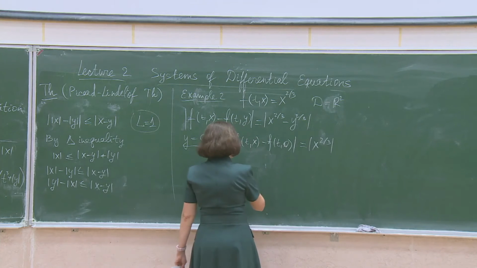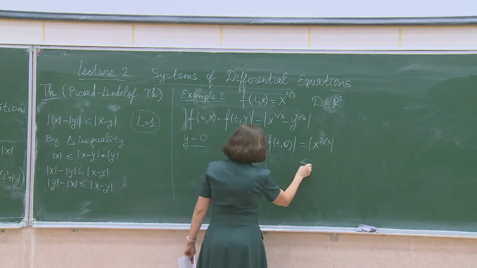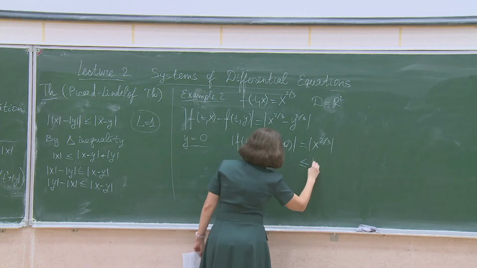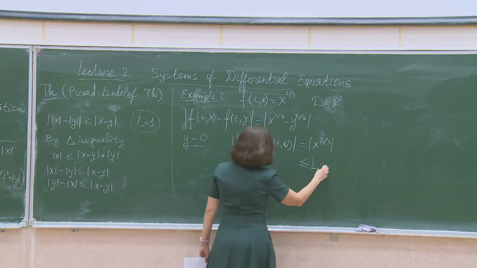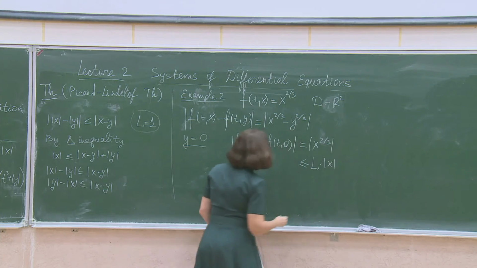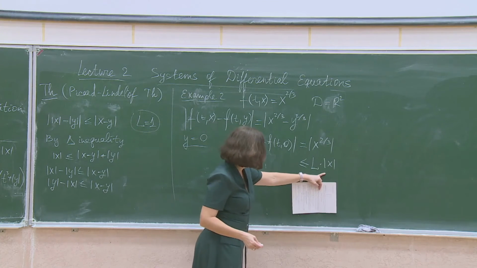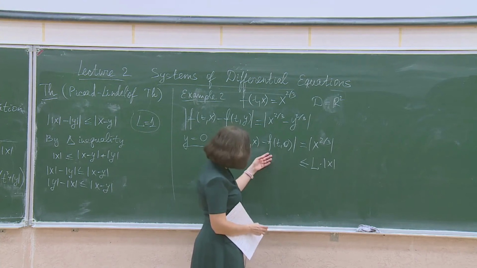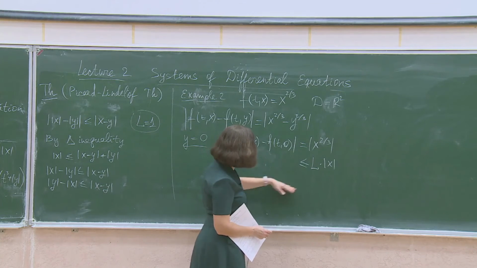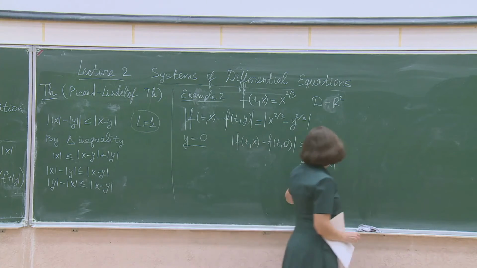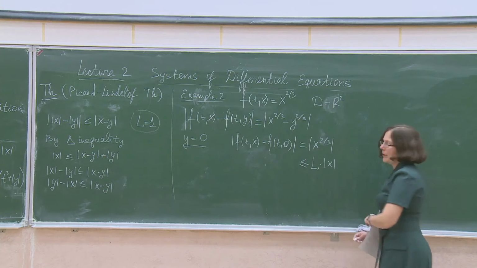Which inequality? If it were Lipschitz, then it is less than or equal to some constant L multiplied by x. So x minus 0 is x, right? If it were Lipschitz, it would satisfy this. But we have that it is equal to x to the power 2/3.